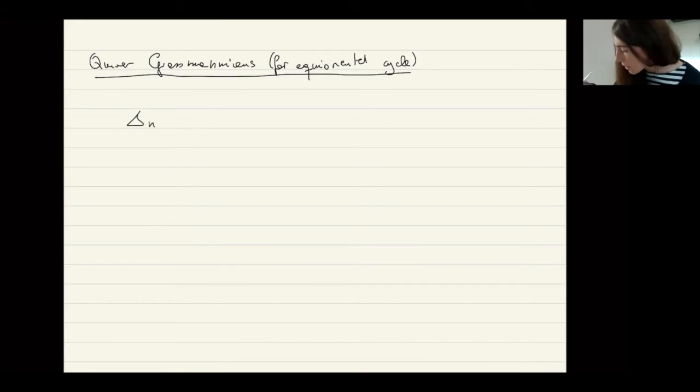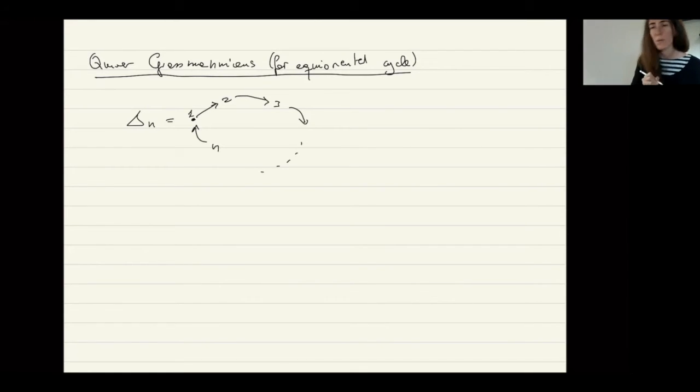The equioriented cycle is nothing but a cycle. I start with 1, then I have an arrow, here I have 2, 3, and so on, up to n, and then I go back to 1. So it's just an oriented cycle, Delta n.